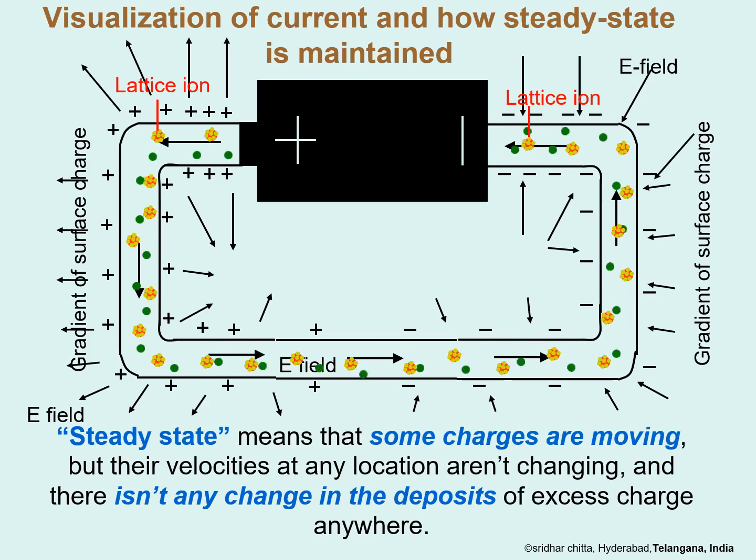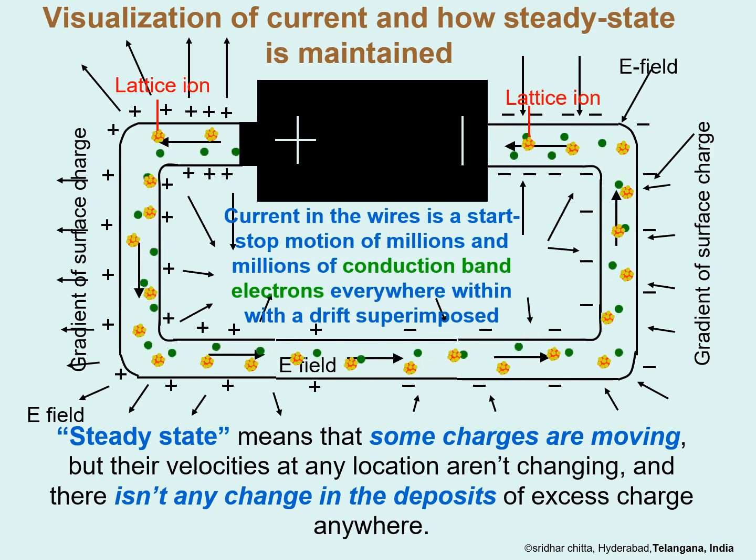Steady state means that some charges are moving, but their velocities at any location aren't changing, and there isn't any change in the deposits of excess charge anywhere. Current in the wires is a start-stop motion of millions and millions of conduction band electrons everywhere within, with a drift superimposed.